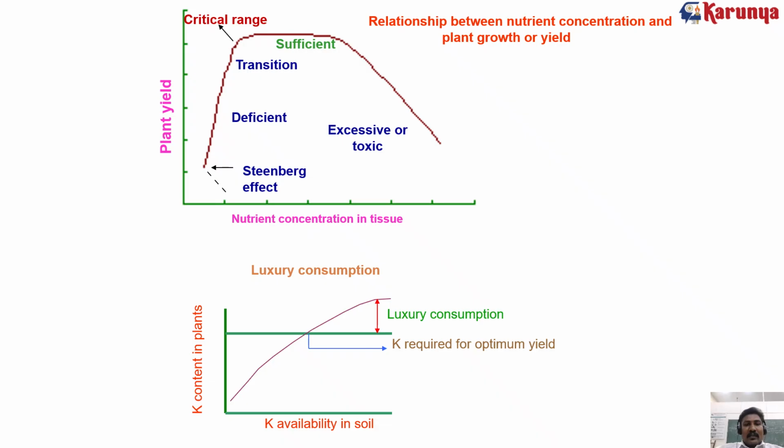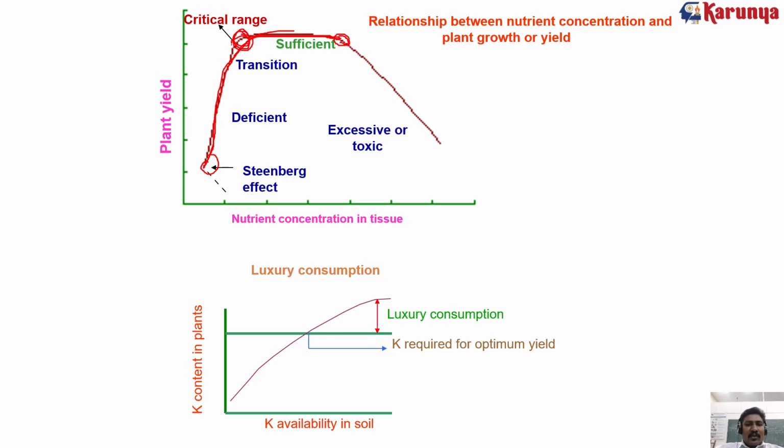You can see here the relationship between nutrient concentration and plant growth. You can see the different stages of plant growth. The plant starts from low and slowly increases, attaining a sufficient range. So this point is called the critical range. It is between the lowest part and the upper sufficient level part.